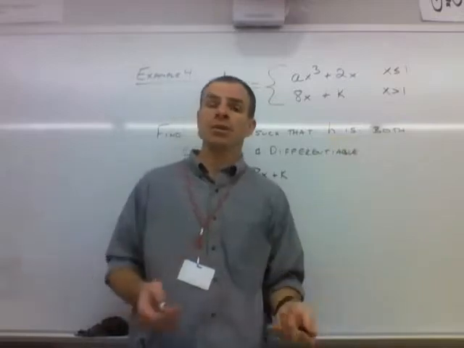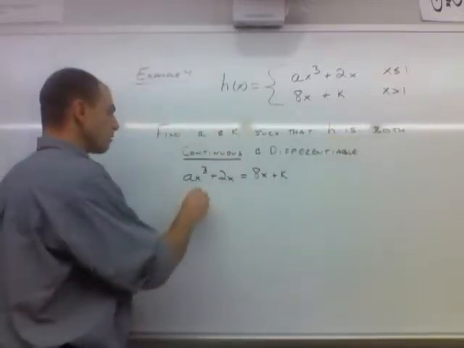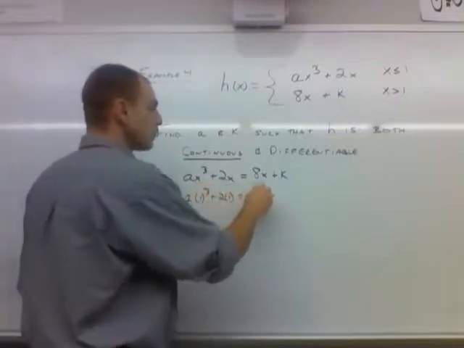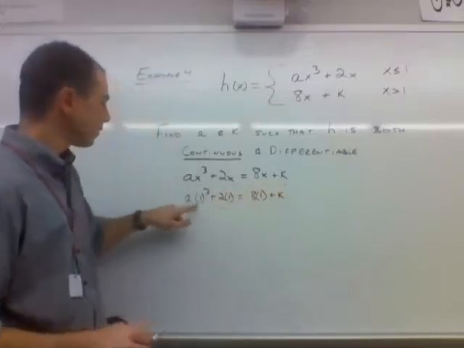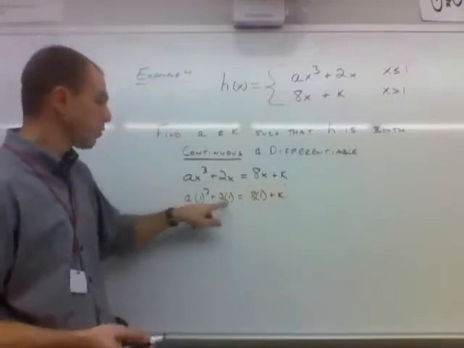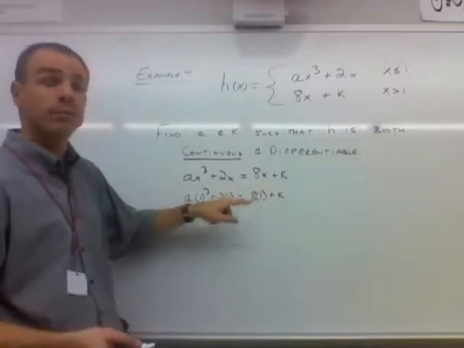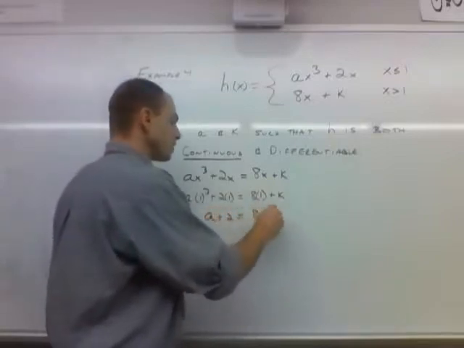So now we can replace x with 1. We have a times 1 cubed plus 2 times 1, equal to 8 times 1 plus k. If we simplify, we just have a plus 2 on one side and 8 plus k on the other. So a plus 2 equals 8 plus k.